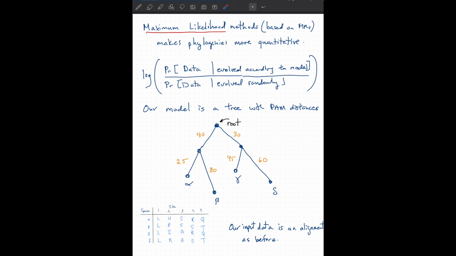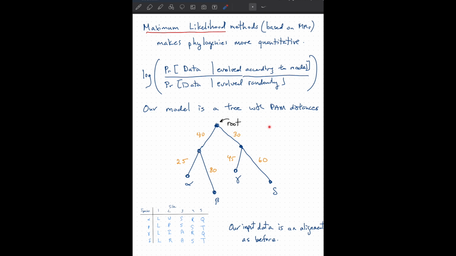This is our input. We have the alignment of the protein we're looking at, an amino acid sequence, and, I don't know, God gives us a weighted tree that describes the evolution.